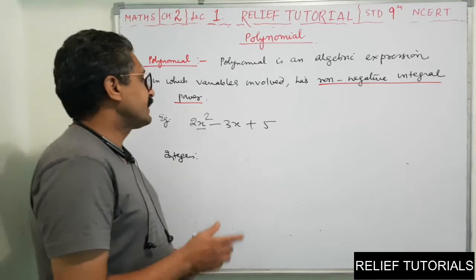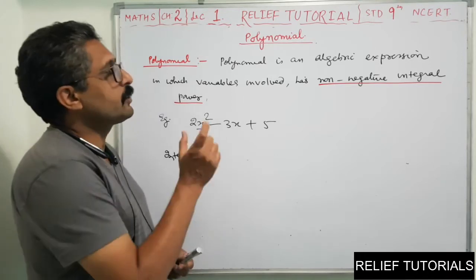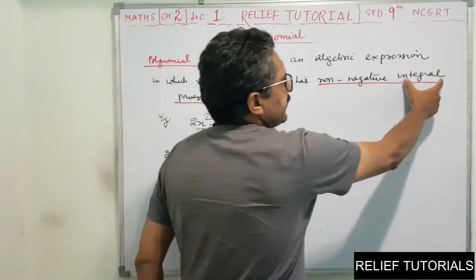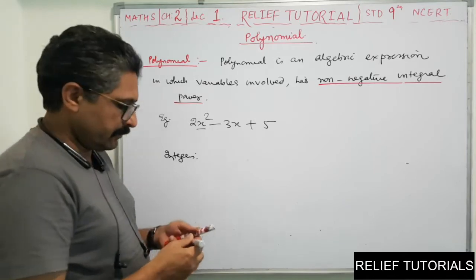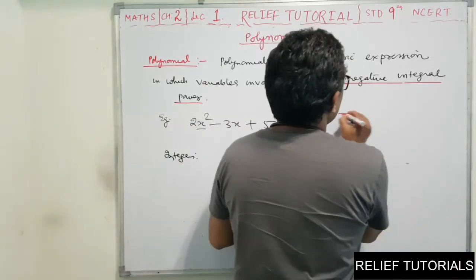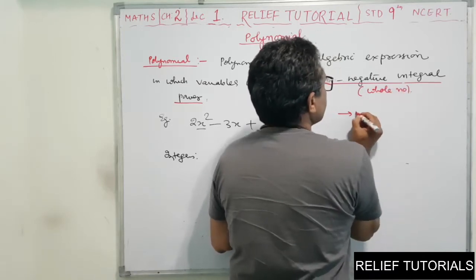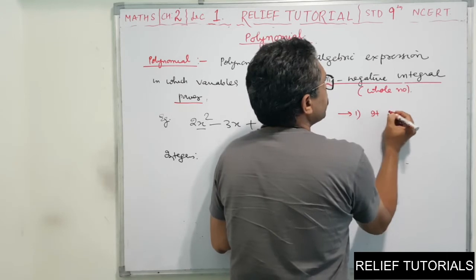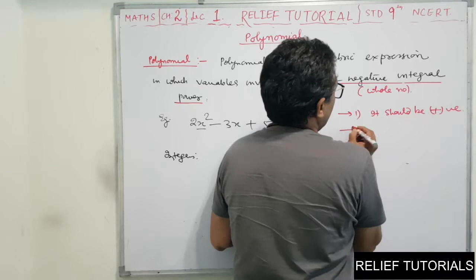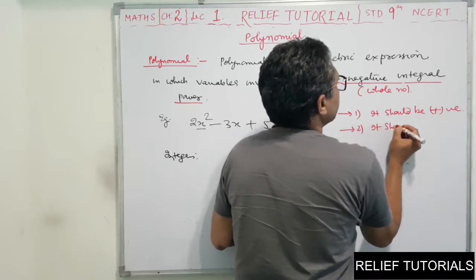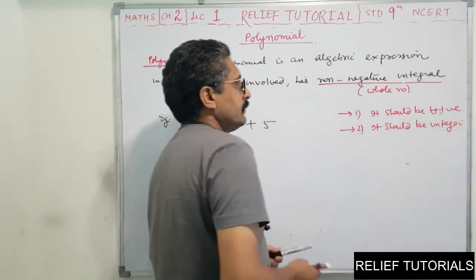First, the power should be non-negative, and second, it should be an integer, that is, a whole number.